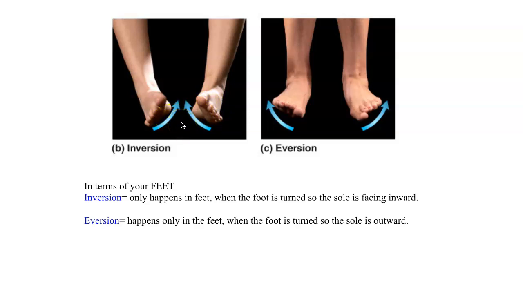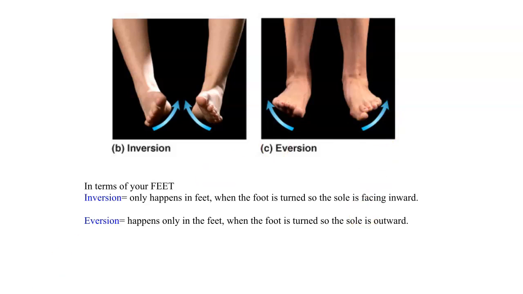If you have your feet right now flat right in front of you and you turn the soles inward, that is going to be inversion. Put your feet back flat on the ground, and when you turn the sole of your feet outward, it's harder to do, that is going to be eversion.